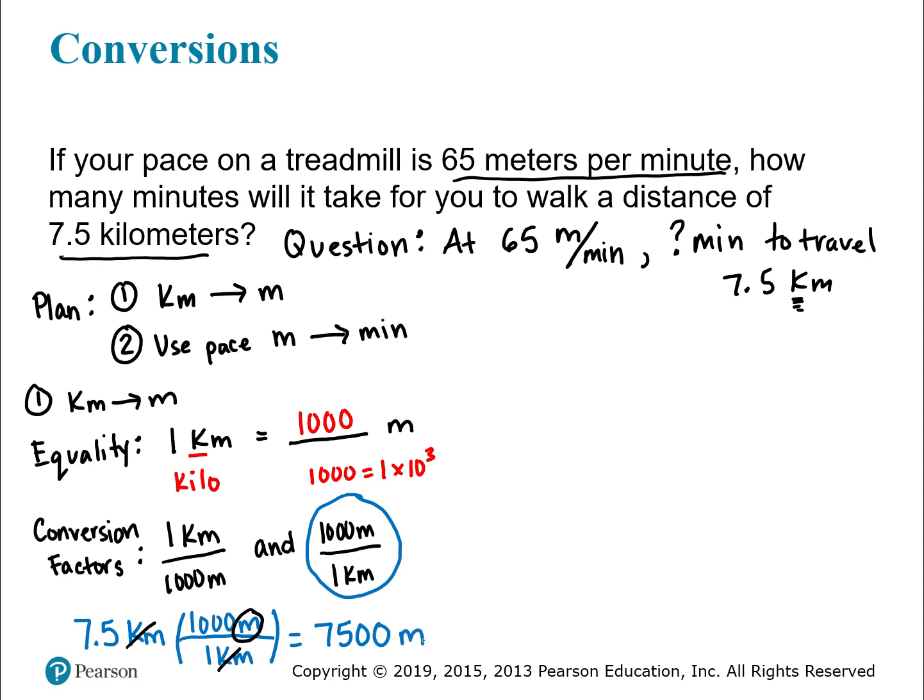So 7.5 kilometers is the same as 7,500 meters. That's the first part of our plan. So we know that. Everybody good so far?